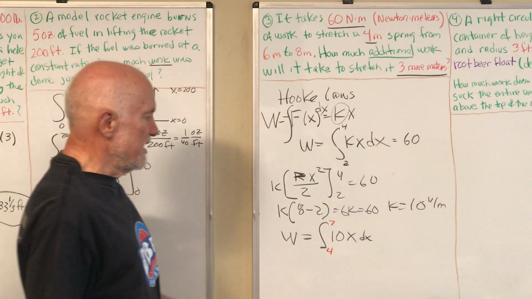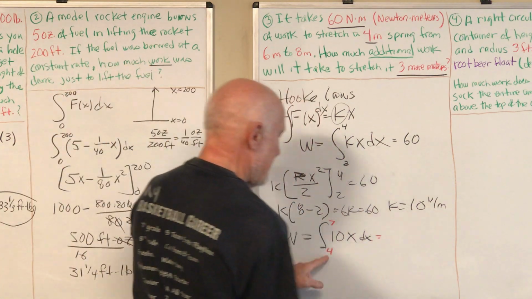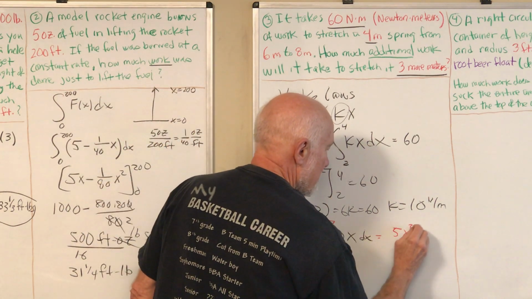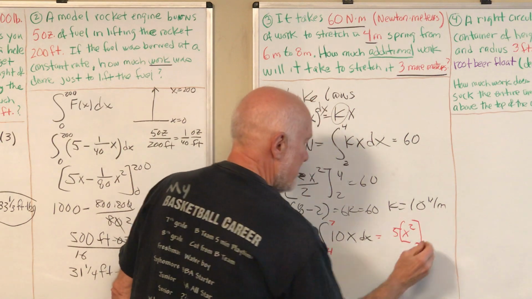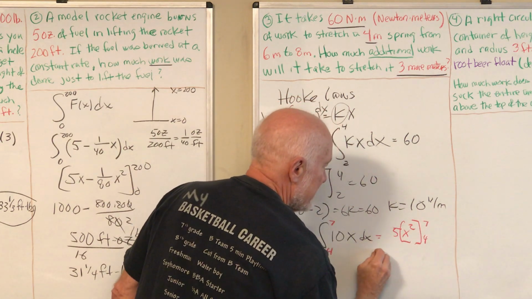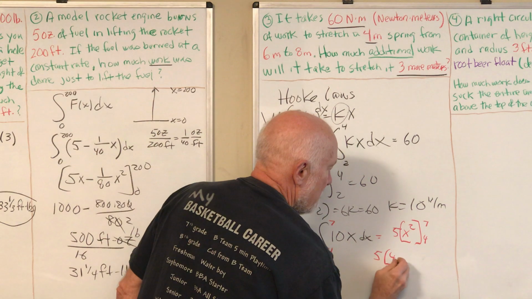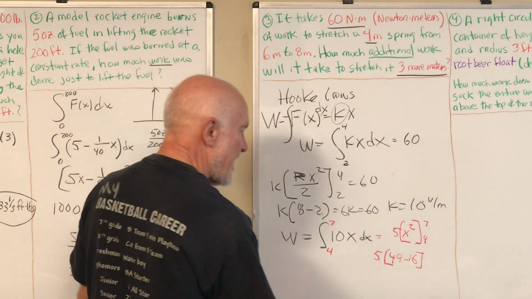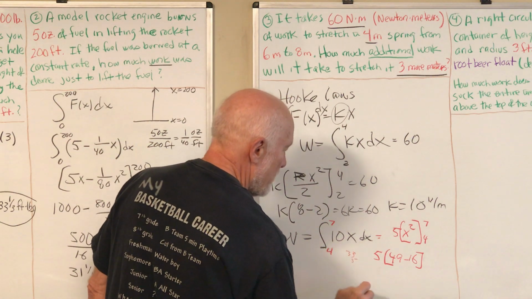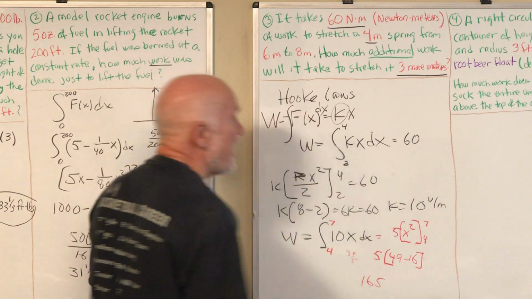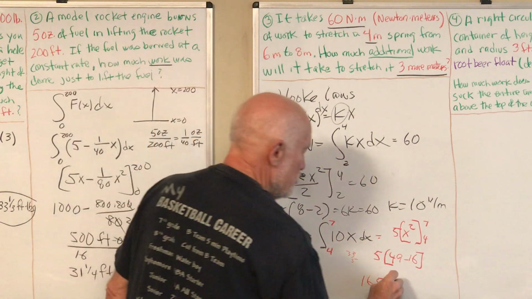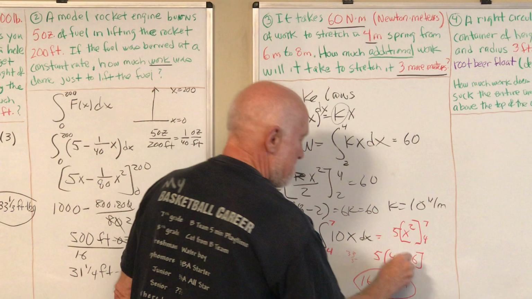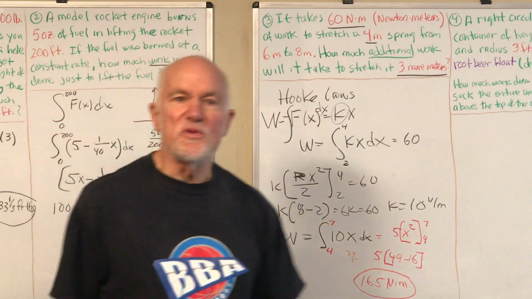So you're going to just take the antiderivative of 10x, 5x squared, from 4 to 7. So you get 5 times 49 minus 16, or 5 times 33, or 165. And it's going to be Newton meters. That's the amount of work to do that.